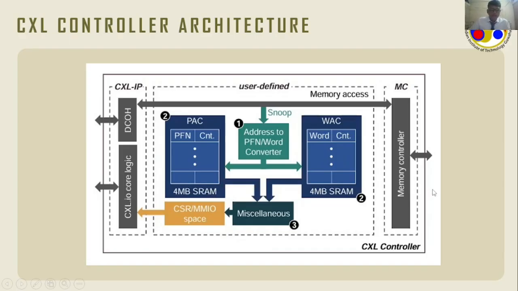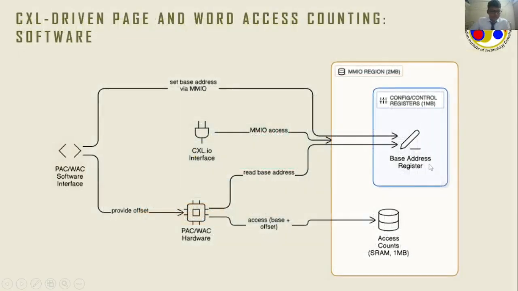Now let's discuss the software aspect of the process. The first thing that the software interface for PAC and WAC does is map the SRAM unit and registers to an MMIO region. The entire hardware that we discussed in the previous subsection is actually located on a small FPGA, which is an external device that is connected via a wire or maybe a cable to our system, that is our PC.